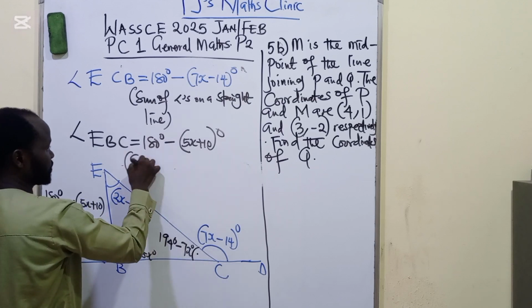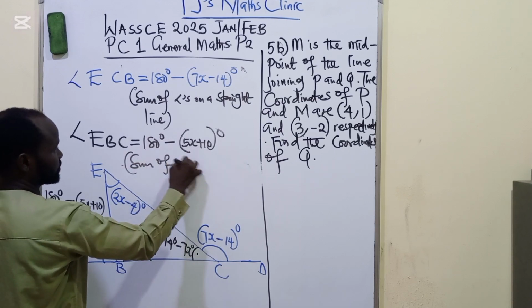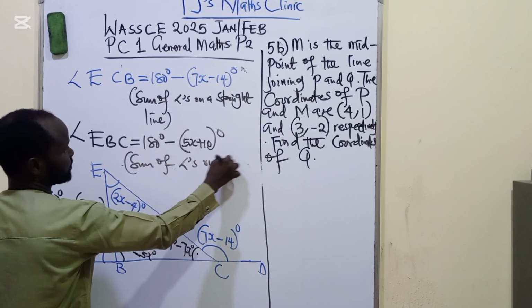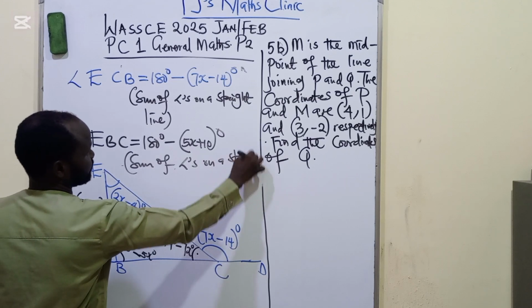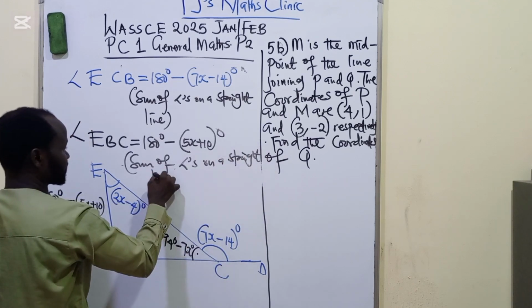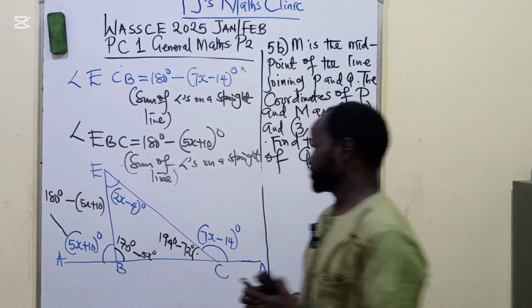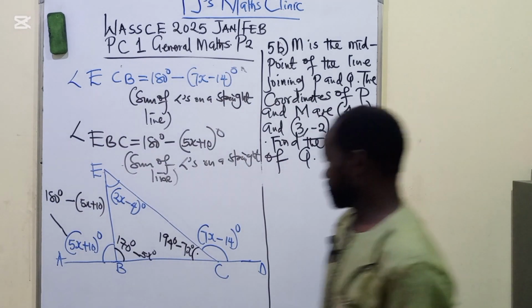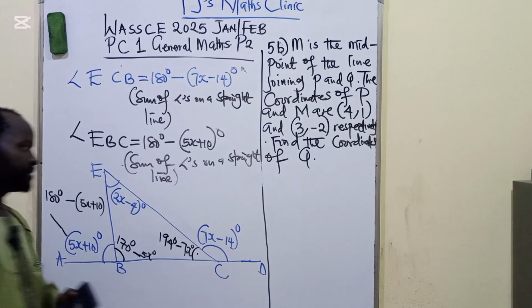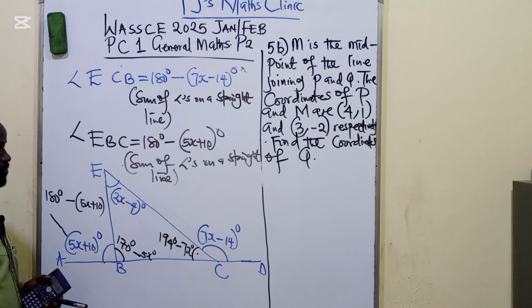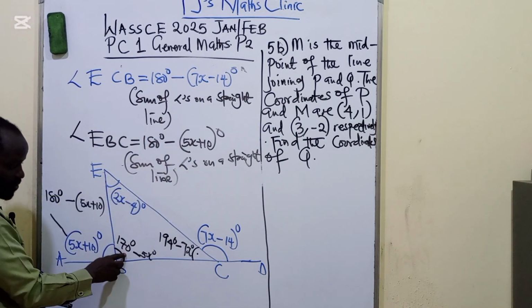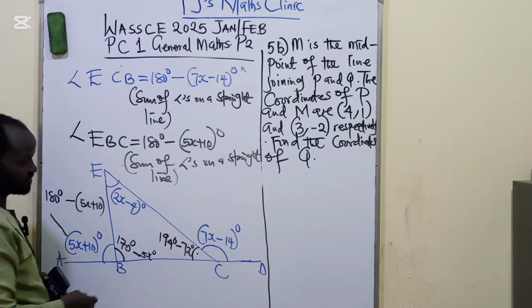The reason is sum of angles on a straight line, sum up to 180 degrees. With this, we can easily find the value of x. By the time we simplify this, we'll have 170 degrees minus 5x.